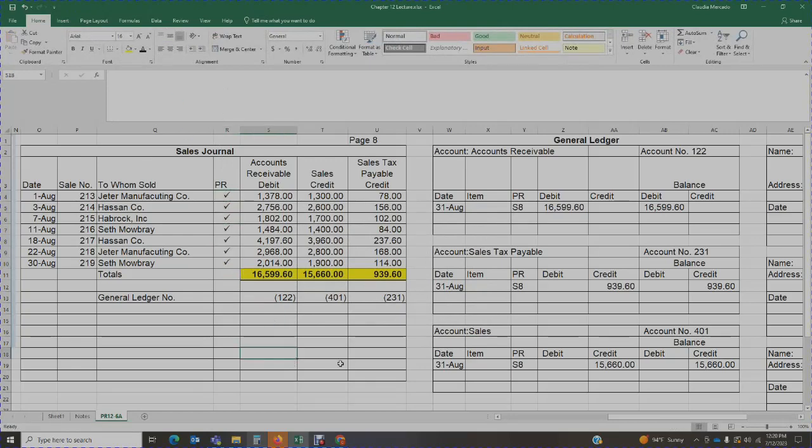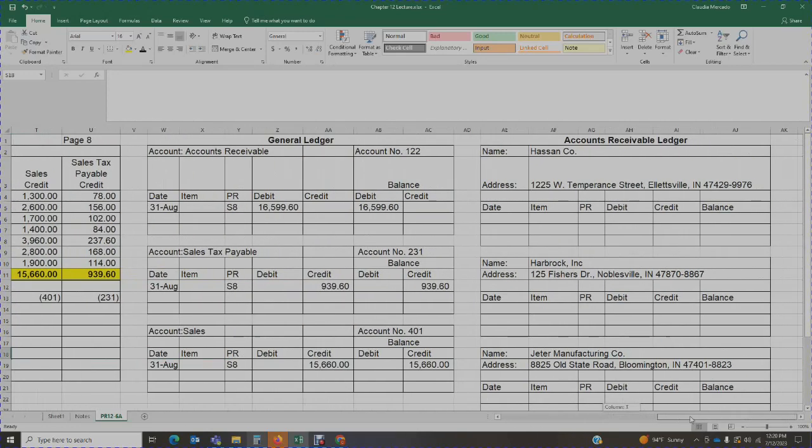On the actual ledger, we do have to reference the sales journal. So step number 1, create your sales journal. Once you create your sales journal, you total them up. Debits equal credits. You confirm that that is correct. Then you transfer the totals to your general ledger for the 3 accounts being affected.